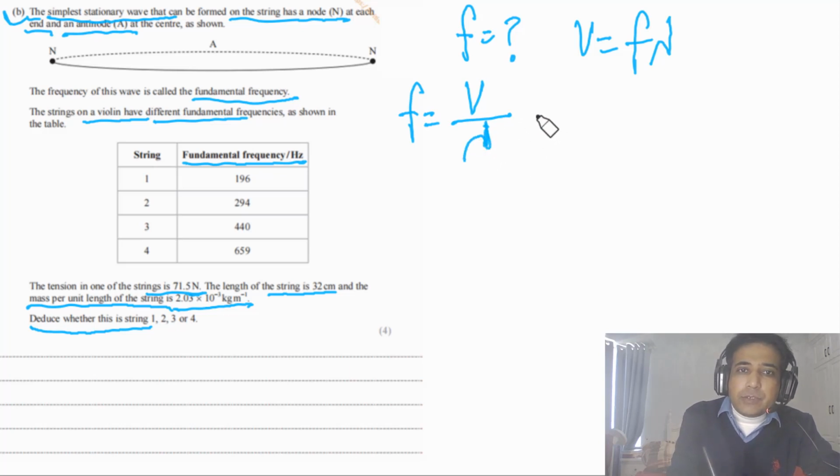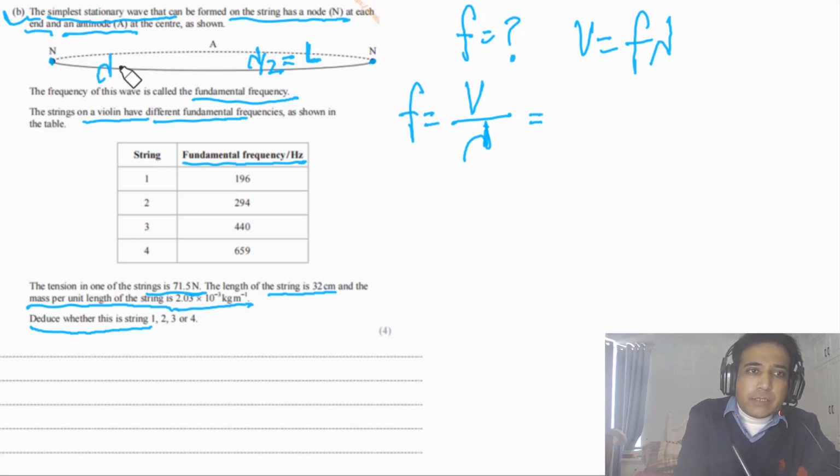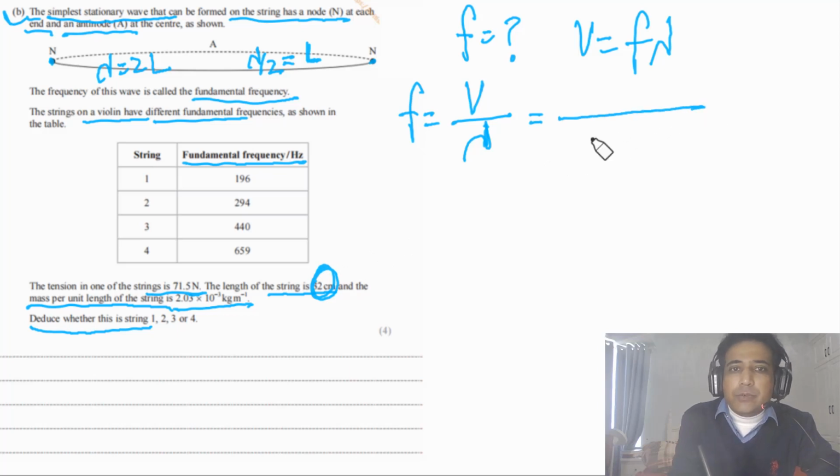If you look at this figure, we can find the value of λ because the distance between 2 consecutive nodes is equal to λ/2, and this is equal to the length of the string, L. So from here we can say λ = 2L, and the length of the string is given, 32 centimeters. So simply we can write λ = 2 × 32 centimeters, so it is 0.64 meters.